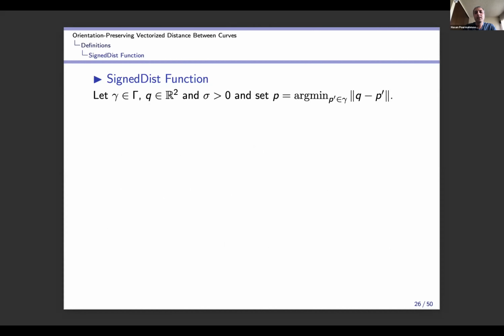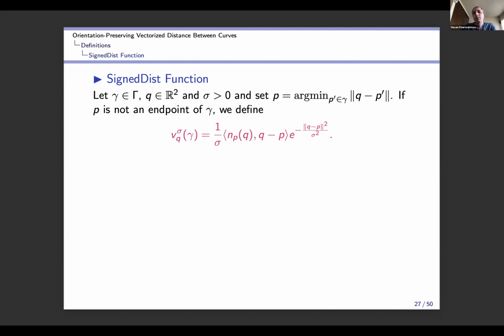Now we define the sign dist function, in contrast to the mean dist function, which is parameterized by a real positive number, sigma, and a landmark, Q. It is defined by 1 over sigma times the inner product between the normal vector at P on gamma and the vector from P to Q. P is the arc mean of the point that gives the minimum distance from Q on gamma.